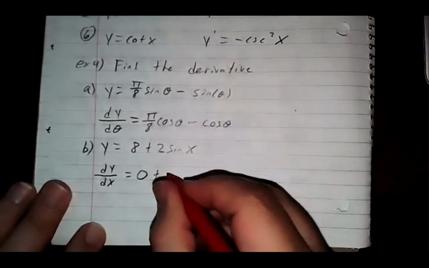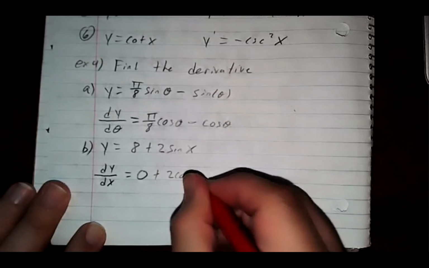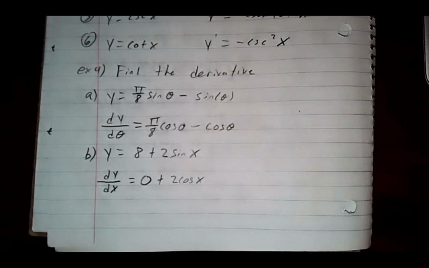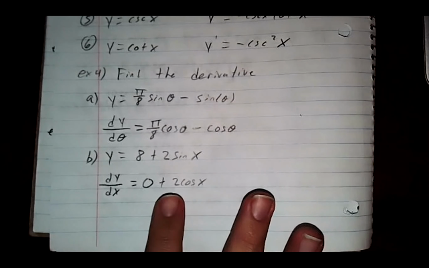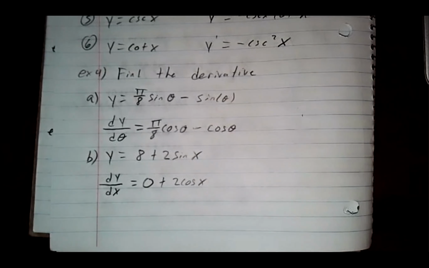Cosine. Y prime is cosine x. The 2 is just along for the ride. Makes no difference because it's a constant. If this was like a 2x in front, then it's a different story. But it's just a 2, no big deal.